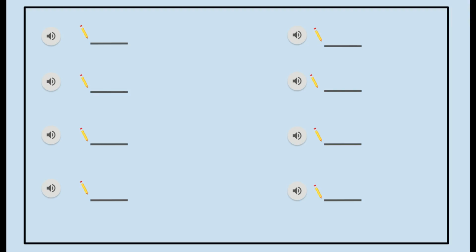Now you will hear 8 sounds. Write the letter that represents the sound that you hear. Here's the first sound. Number 2. G. Number 3. Number 4.